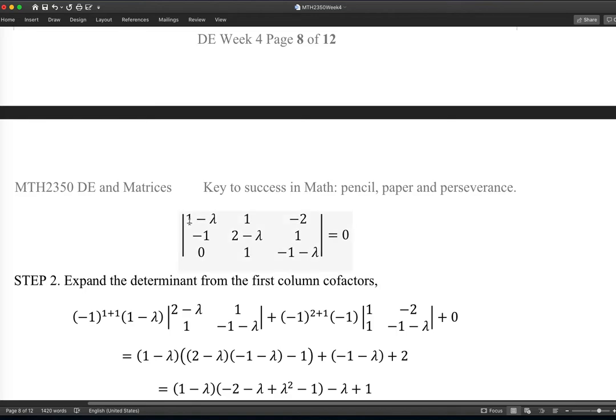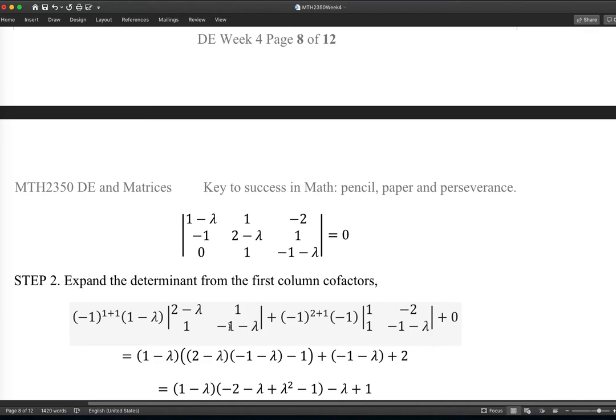For the cofactor of the element from row 1, column 1, we have -1 to the power of row index plus column index, multiplied by the number itself, times the determinant of the minor. The minor is generated by crossing out the row and the column, so that's a 2 by 2. Hopefully I got it right.